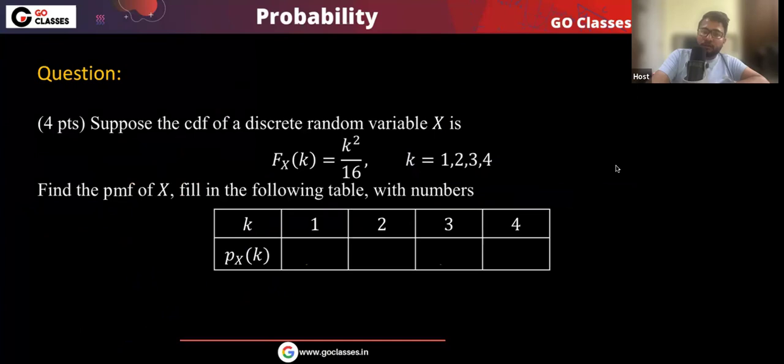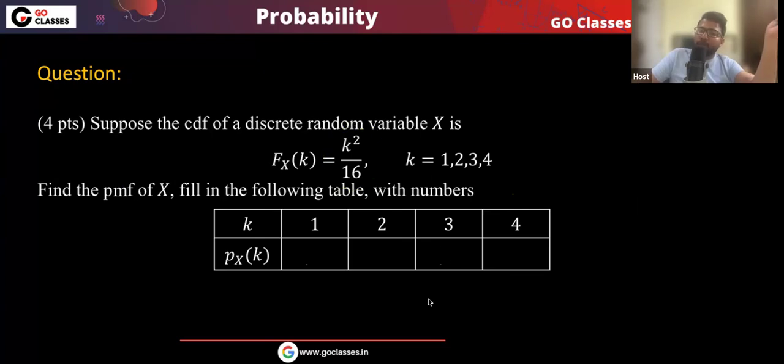Okay. So let's see more examples. Probably you will understand more. So they are saying the CDF is given. Yeah, they have done a different thing. Now you find out the PMF. If the CDF is given, then how to find out the PMF? In case of continuous, if we need to find out the PDF, then we differentiate this.